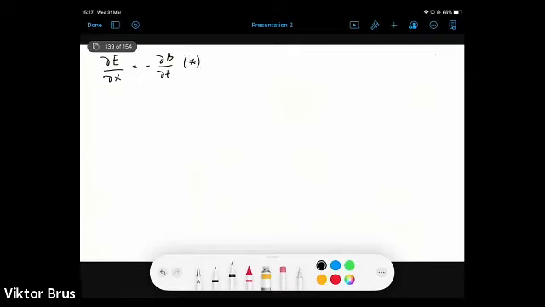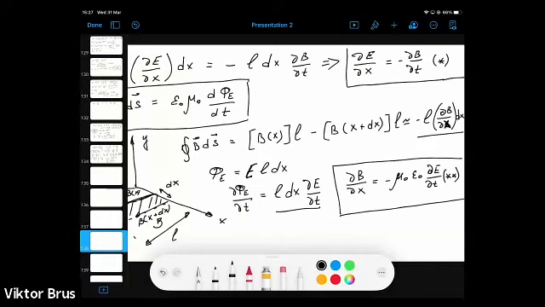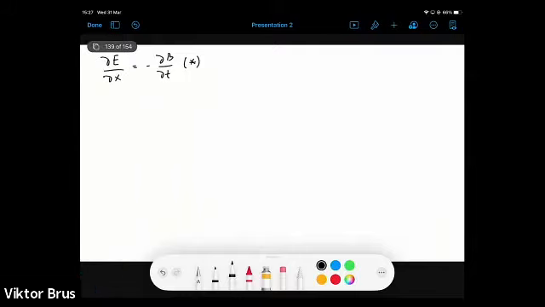This is equation star, and let us write next to it the second equation which we got, dB over dx is equal to minus mu naught epsilon naught dE over dt, and this is double star equation. Okay.